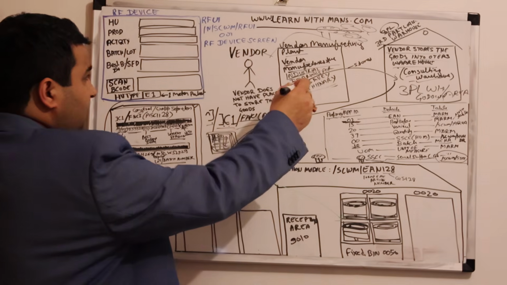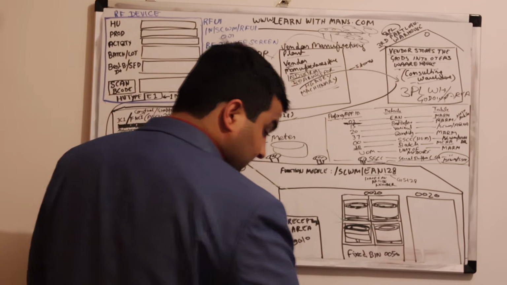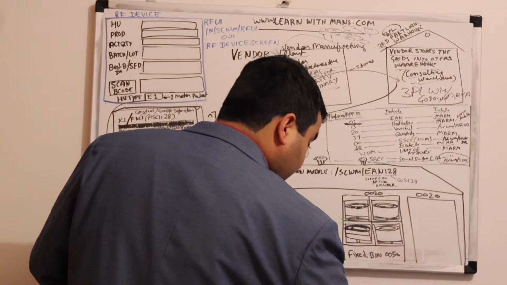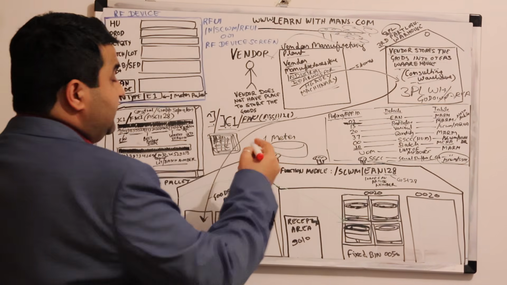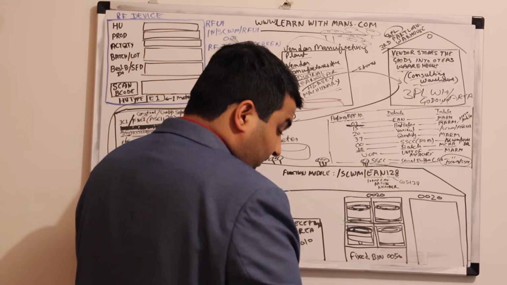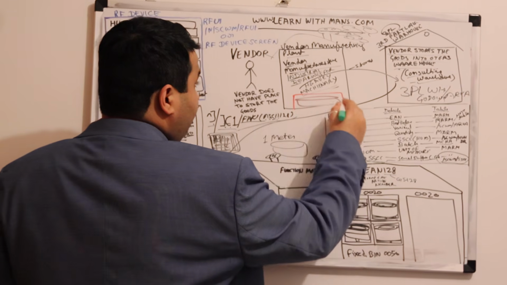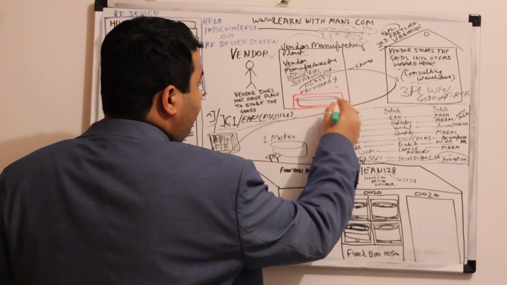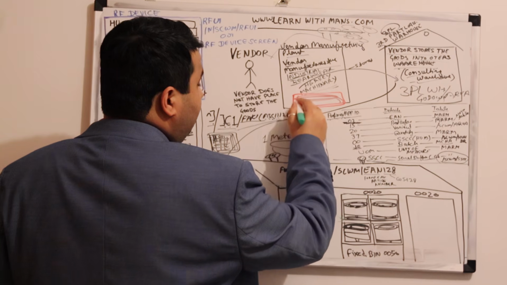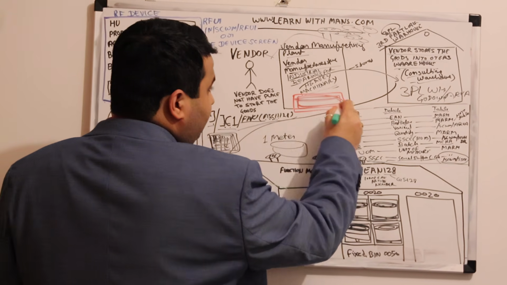So what does the vendor do? Now I will take the red pen. A vendor manufactures the 1 meter bearing. After manufacturing the 1 meter bearing, the vendor places that bearing into the handling unit, a 1 meter handling unit. It holds only one 1 meter bearing. One handling unit size is a 1 meter pallet.